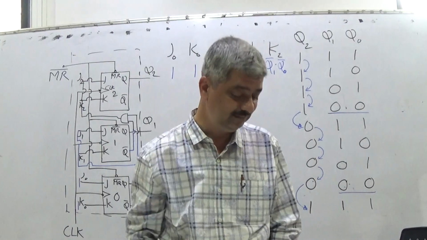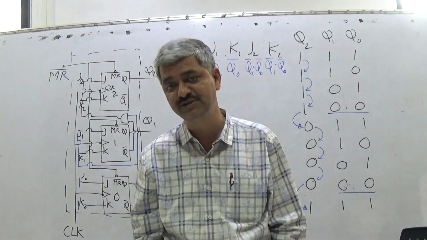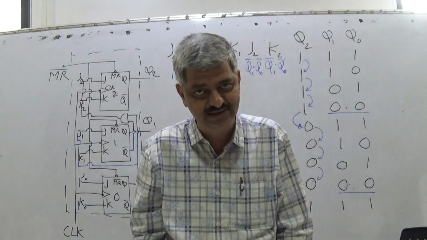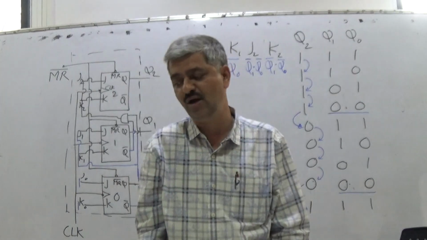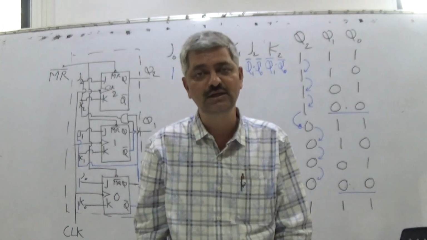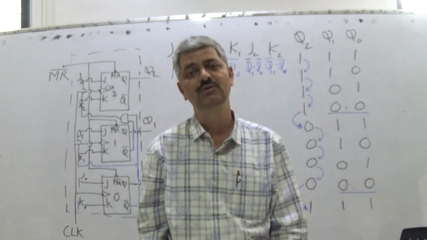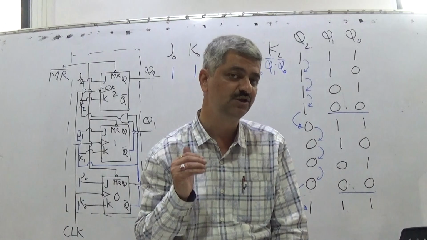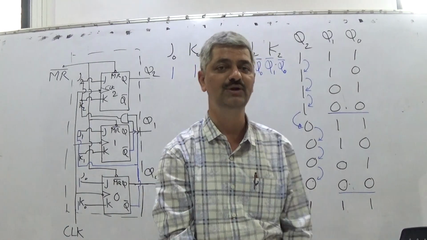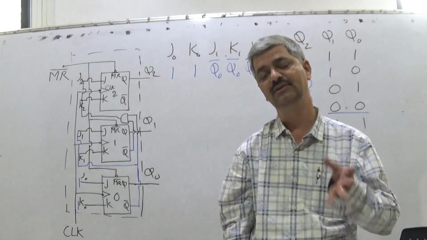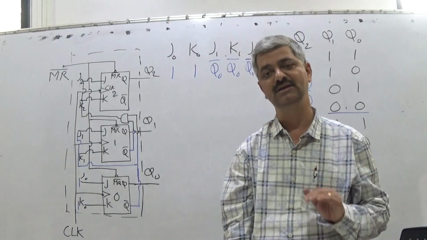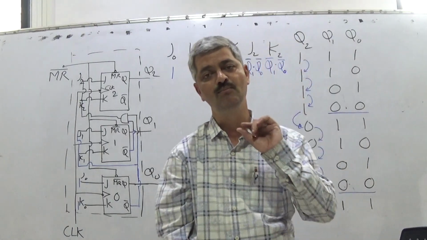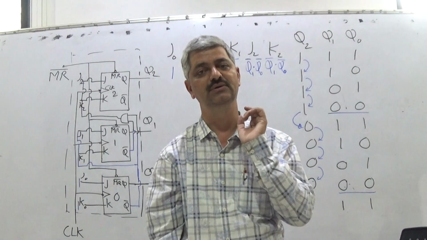Out of 16 possible states, we want the counter to run not in all states but only in a few states. So some further states should not be there. This is not a binary counter, it is called a mod n counter.